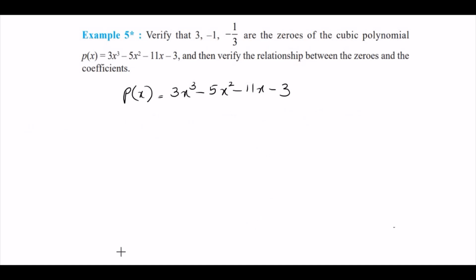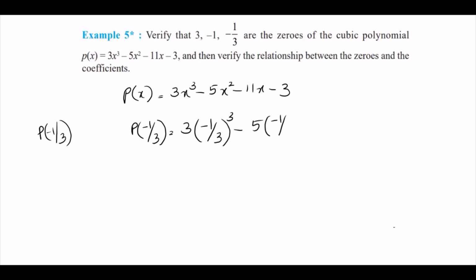Now let's verify the last zero, that is p of negative 1 by 3. You have to get it as 0. So p of negative 1 by 3 is 3 into negative 1 by 3 the whole cube, minus 5 into negative 1 by 3 the whole square, minus 11 into negative 1 by 3, minus 3.